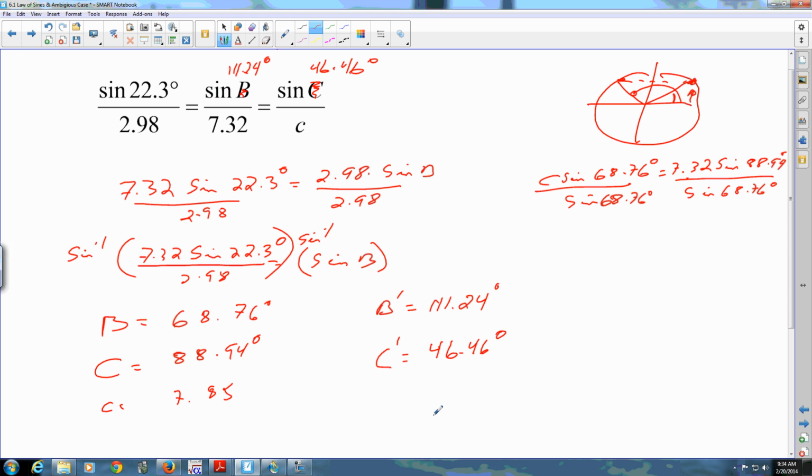Now I solve this one just like before, ignoring the information I had there. I want side c, so I'm going to cross multiply. Little c sine of 111.24 degrees equals 7.32 sine of 46.46 degrees. To solve for side c, I have to divide by the sine of 111.24 degrees.